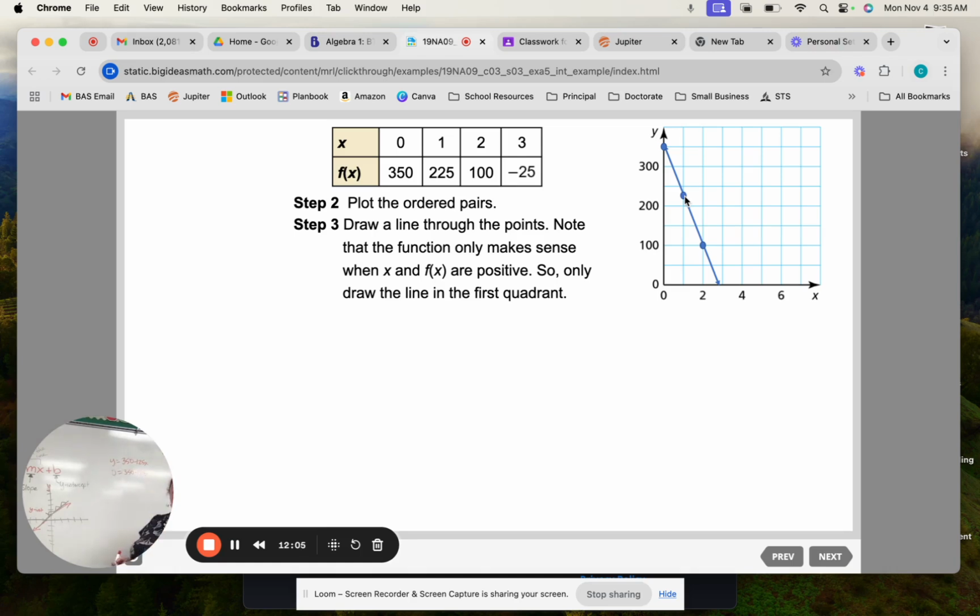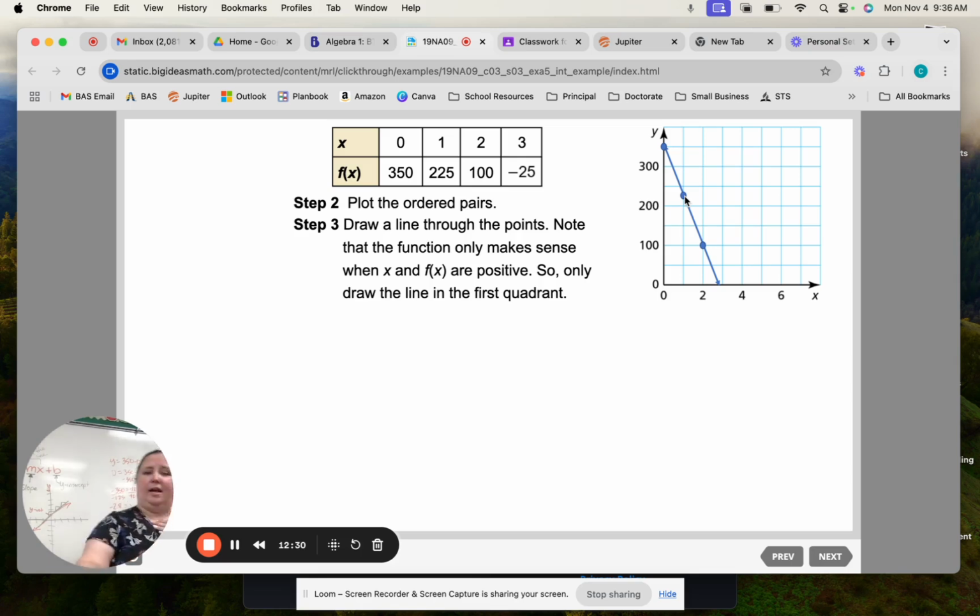Now can I solve for x? So I'm going to subtract 350, equals negative 125x. So divided by negative 125. So what's 350 divided by negative 125? Negative 2.8.